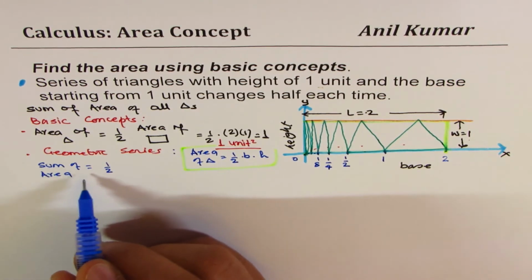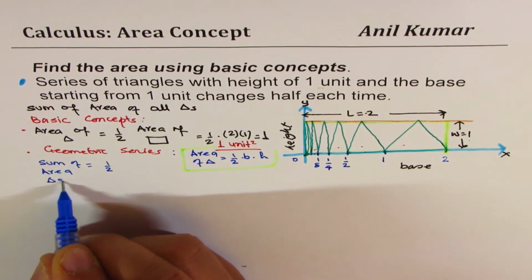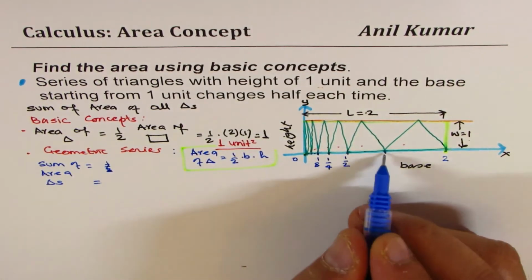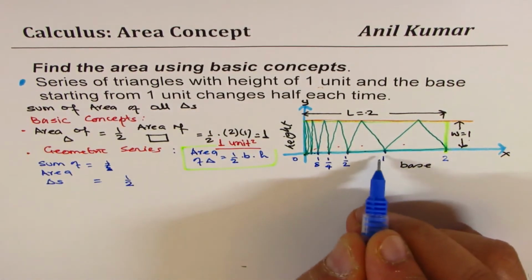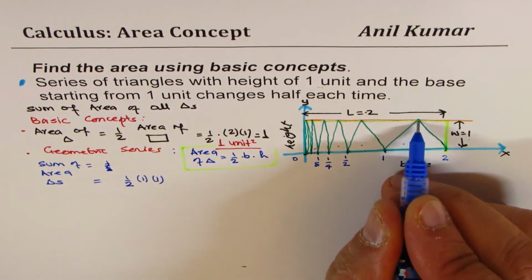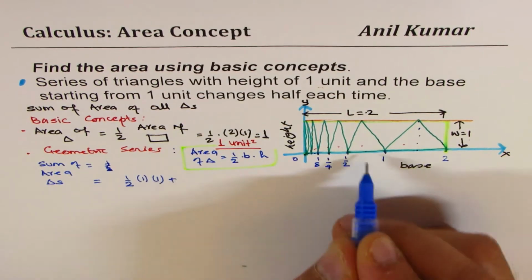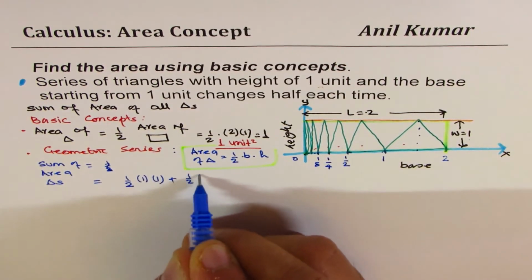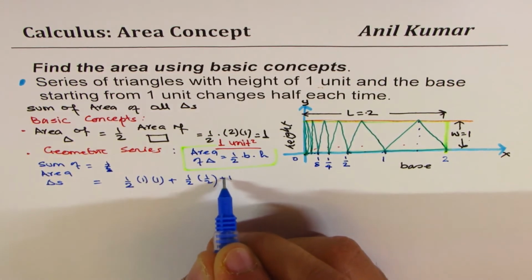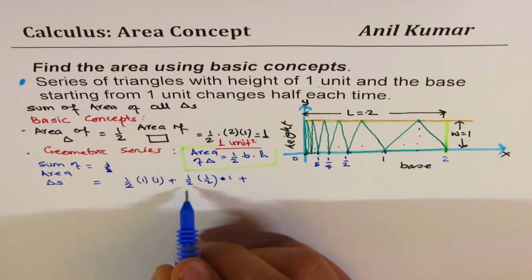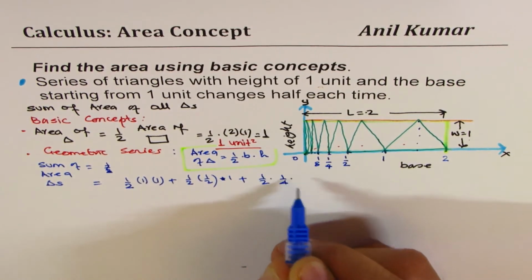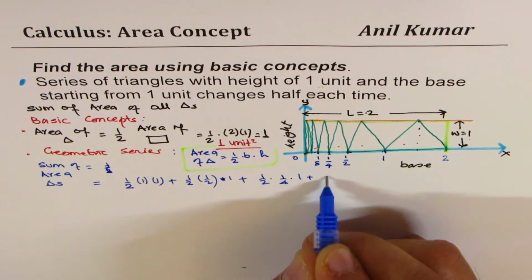So the sum of area of triangles is equal to, let me write down here: the first one here is half, base is 1 unit, and height is 1 unit, correct? So height is this height, plus the next one here is half times half, since the base is half, times 1, plus half times 1/4 times 1, and so on.